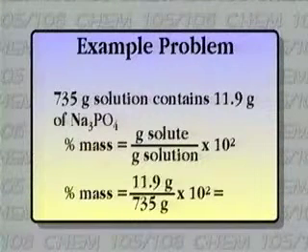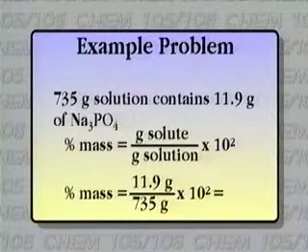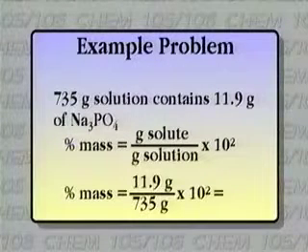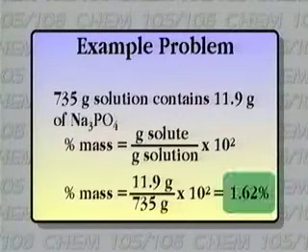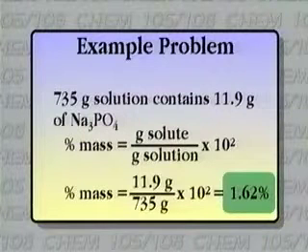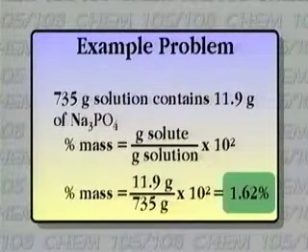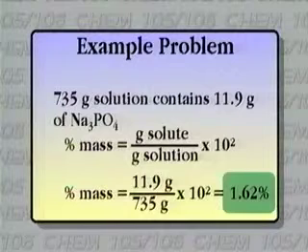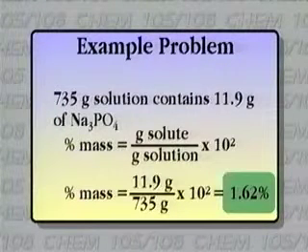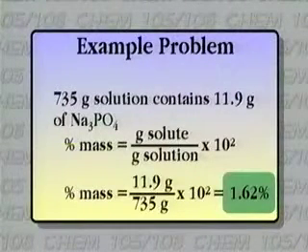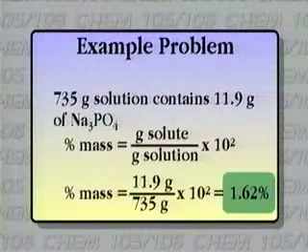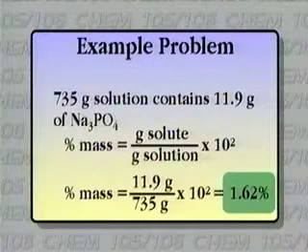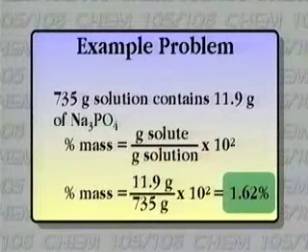And so if we calculate that out, we find that we will have 11.9 divided by 735. We would have 1.62% by mass solution of sodium phosphate.